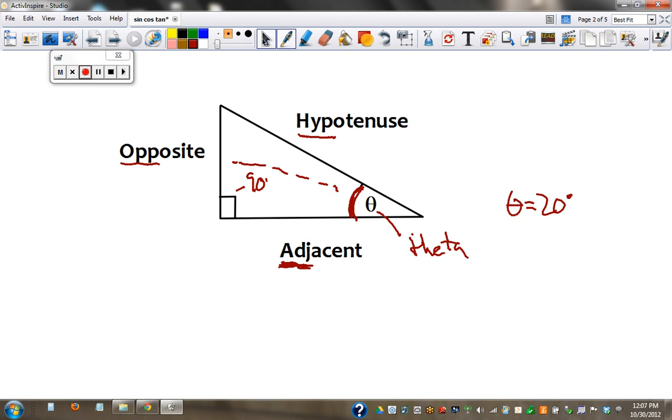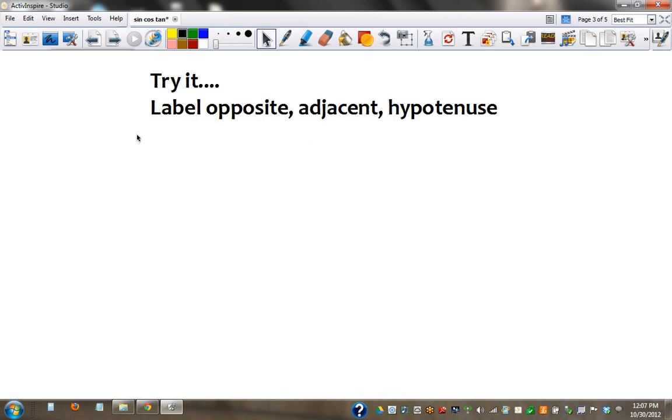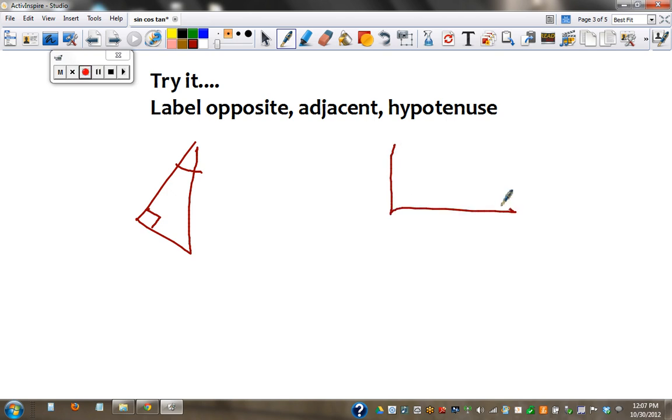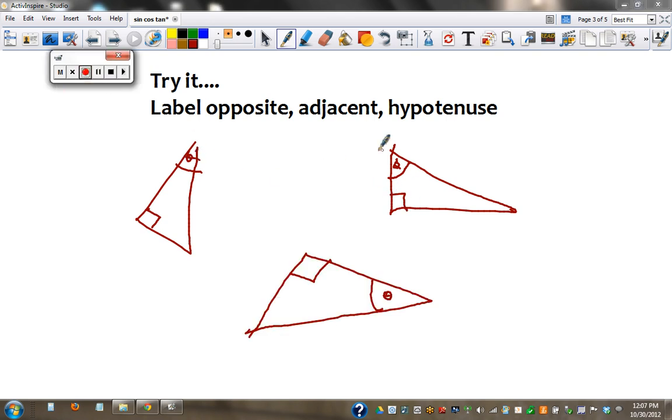So now you try a couple. I'll just draw some random triangles. For each of these, label them opposite, adjacent, or hypotenuse. Here's the answers.